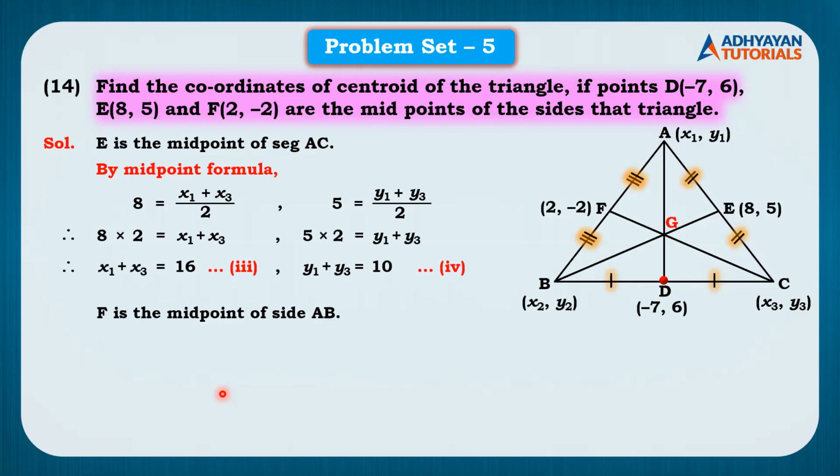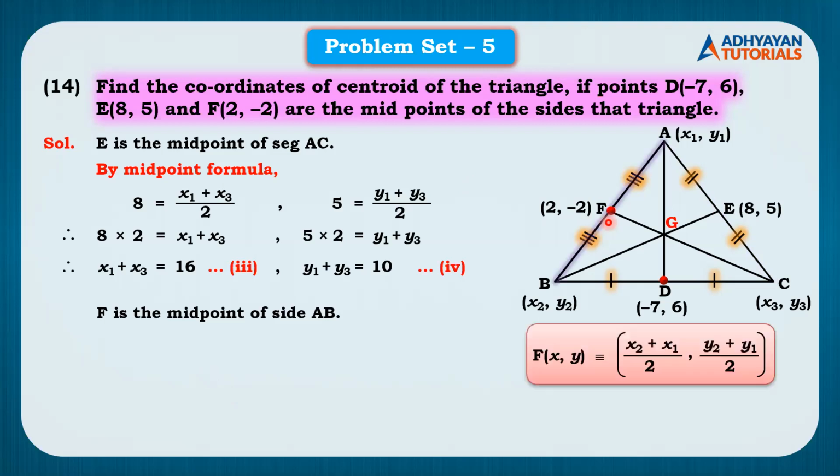Now F is the midpoint of side AB, students. If F is the midpoint then the same midpoint formula. So if we use the midpoint formula, this is the formula in front of us.